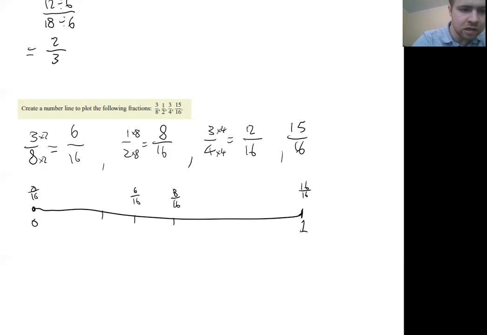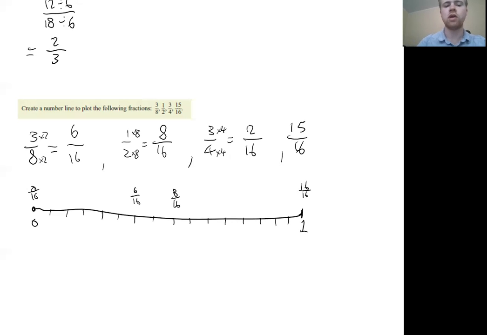And let's just put all these little notches in as well. So it's 1, 2, 3, 4, 5, 6, 7, 8, 9, 10, 11, 12, 13, 14, 15.